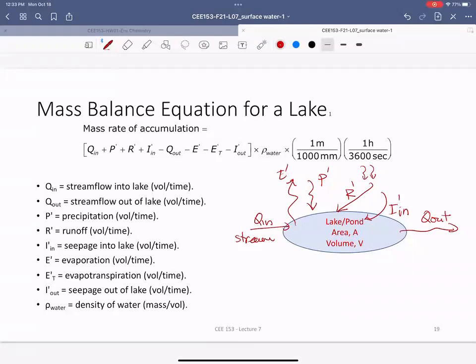So that's ET. That's because of plants. Okay. Again, you just have to check whether it's coming in or leaving the system. And then the lake can also lose some water by seepage through underground soil. So that's I out.